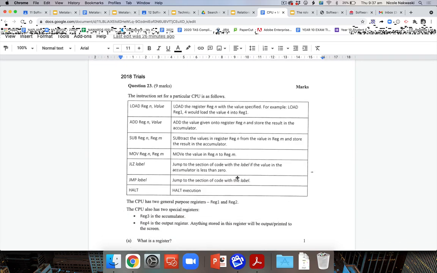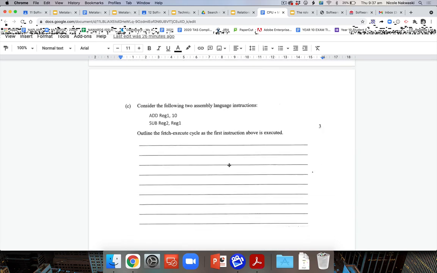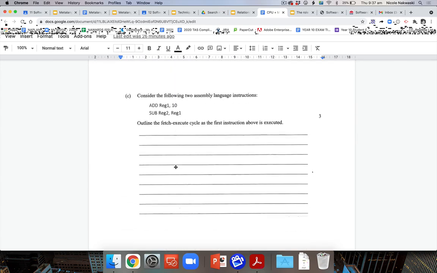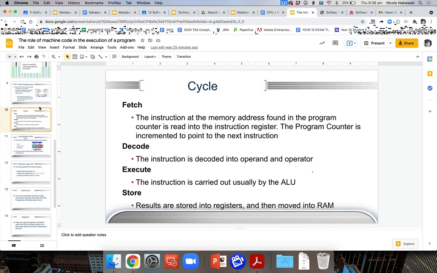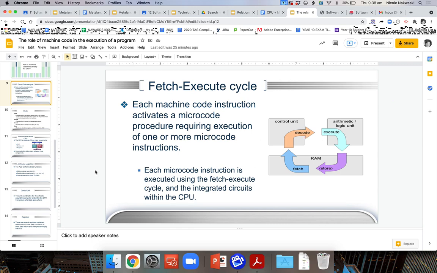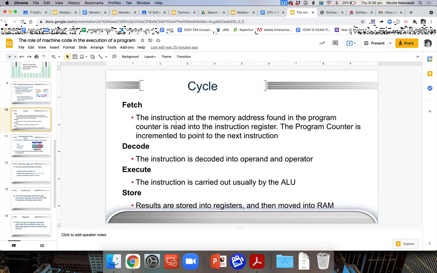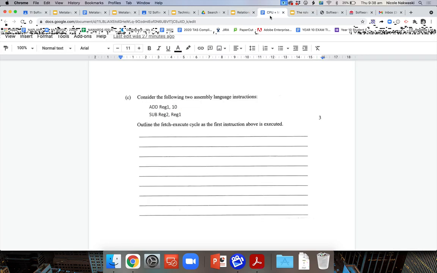Okay, let's have a look at the 2018 trials. Let's look at the fetch execute cycle in relation to this instruction here and this instruction here. So if we're looking at the fetch execute cycle, I would do this having this slide alongside me as I went to write this.